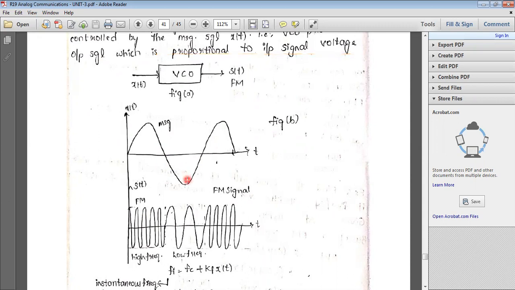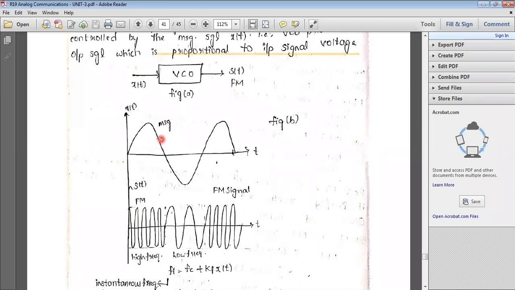Already you know what FM is. The frequency of the carrier signal changes in accordance with the instantaneous frequency of the modulating signal. That's why the amplitude of the carrier is constant, but there is a change in frequency, and that frequency of the carrier mainly depends upon the instantaneous frequency of the message signal.